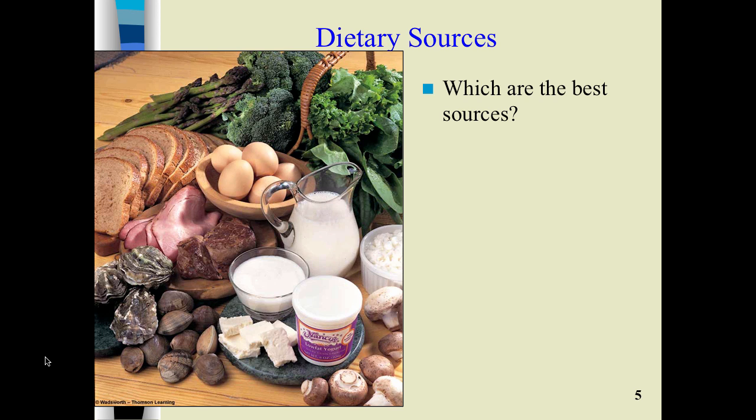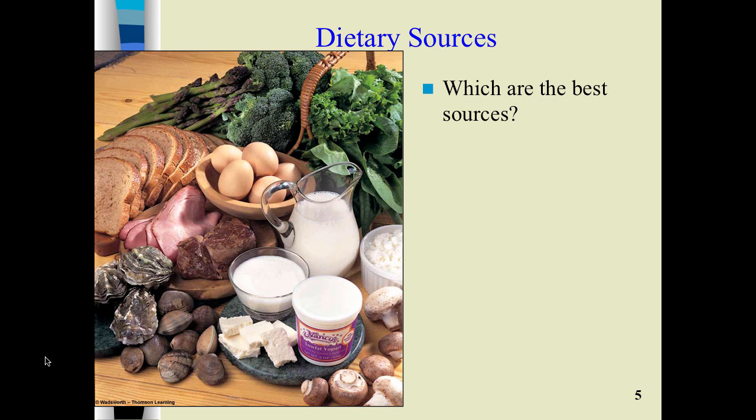Okay? So I'm going to give you 3 sources with all that said. These are the riboflavin sources to remember. Number 1, dairy products. Second one, grains.